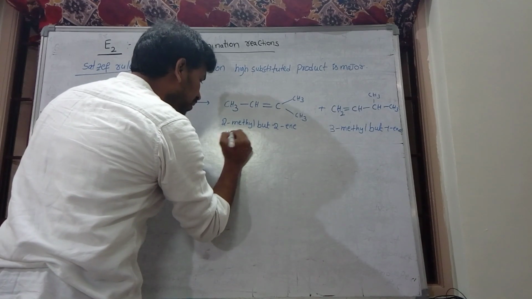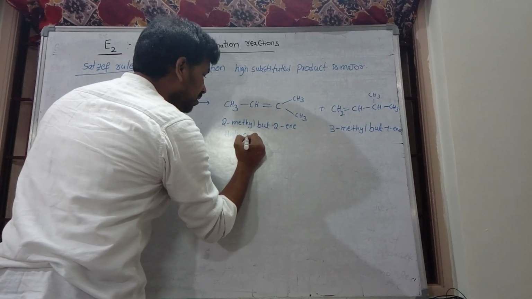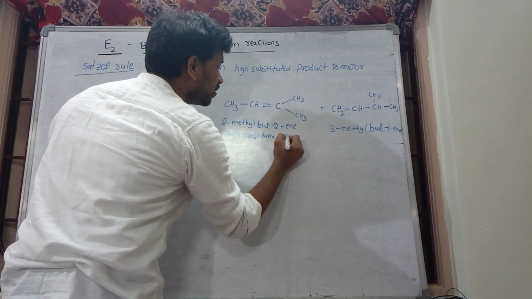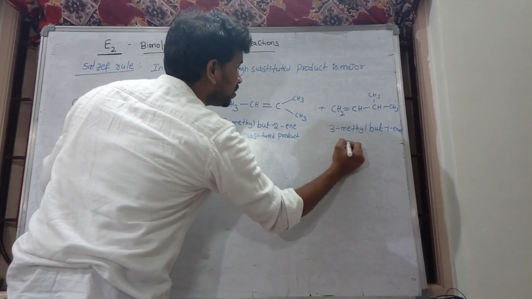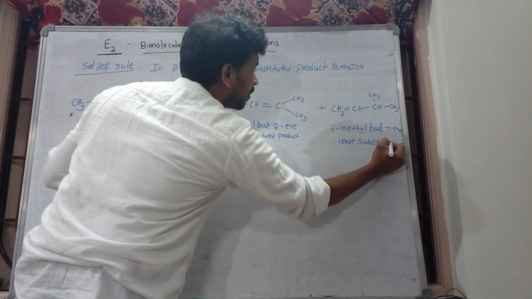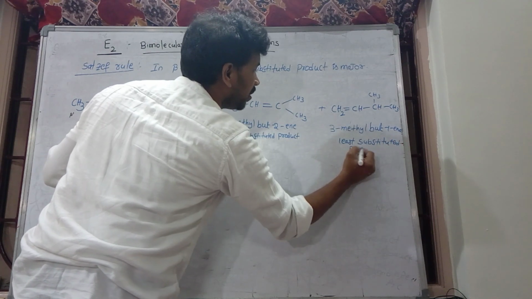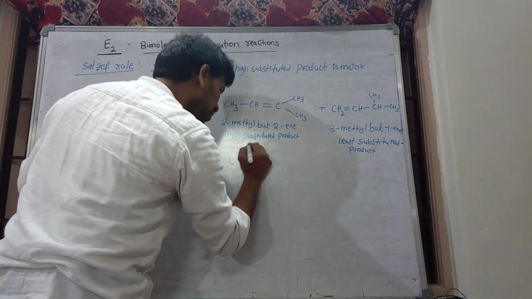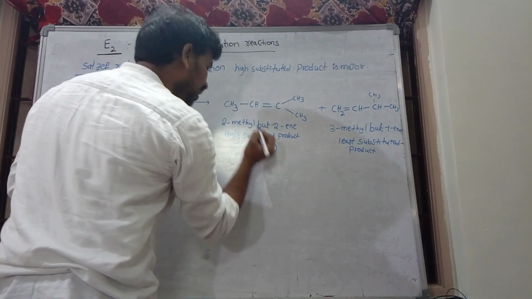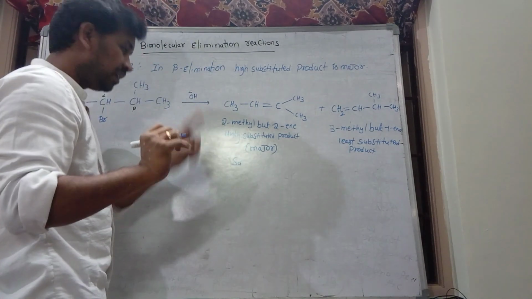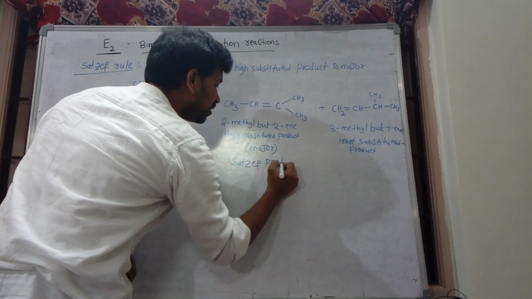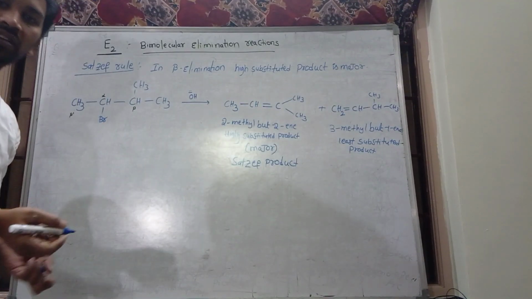So the highly substituted product is the major product. Here the highly substituted is the Sedgwick product, because it follows the Sedgwick rule.